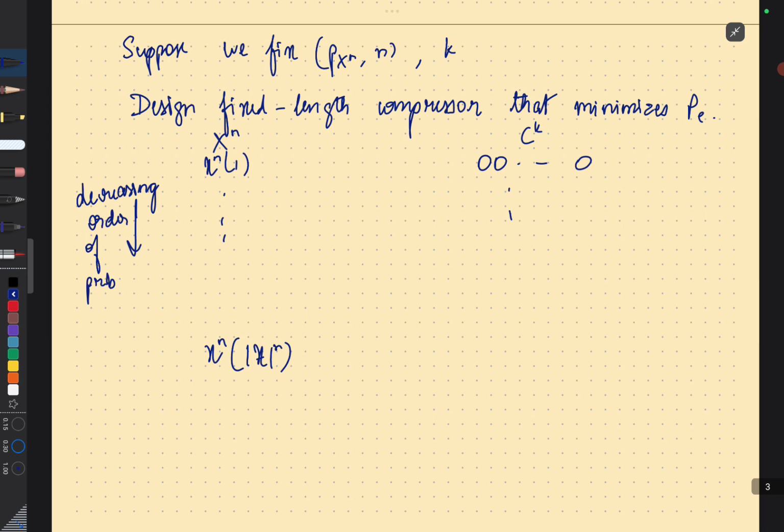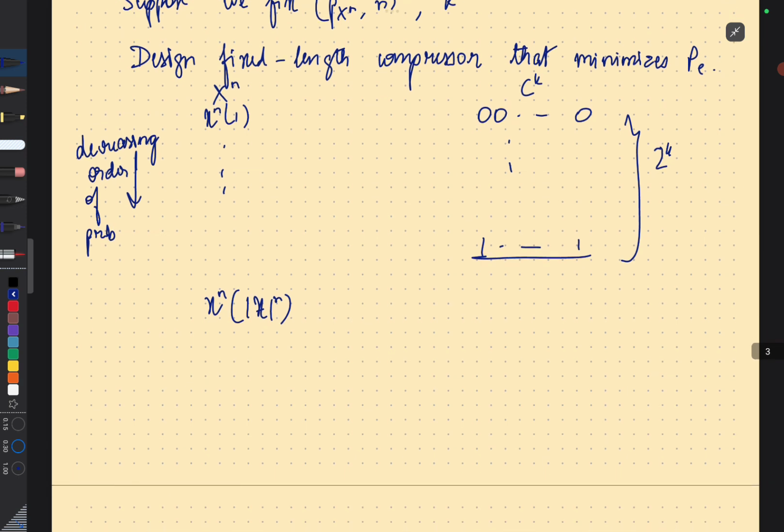And so on, you assign, there are 2 to the k possible sequences. You would list them in decreasing order of the probability, and you assign code words to the top 2 to the k source sequences. Right? For the remaining, it doesn't matter what you assign. Right?